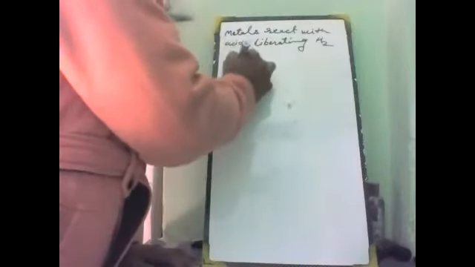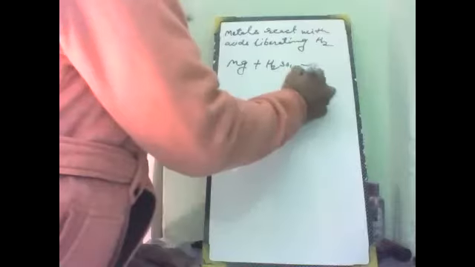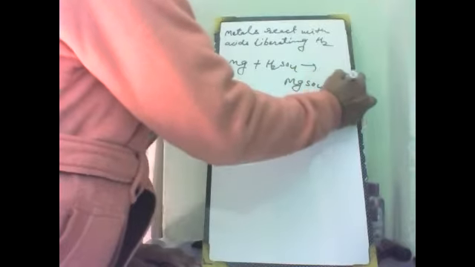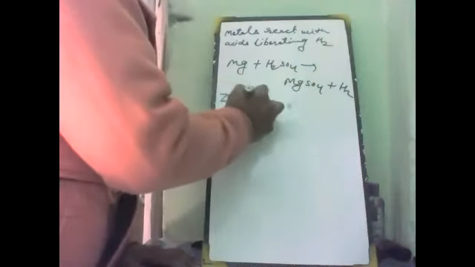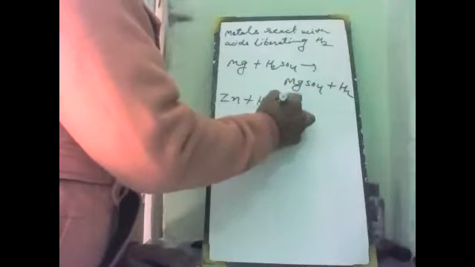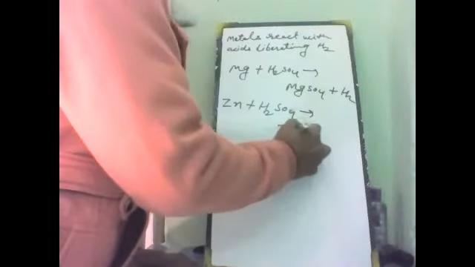Magnesium reacts with H2SO4 and it forms MgSO4 and releases hydrogen. Zinc reacts with the acid, sulfuric acid, then it forms zinc sulfate and releases hydrogen.